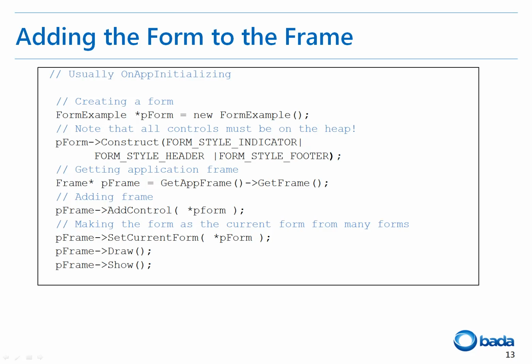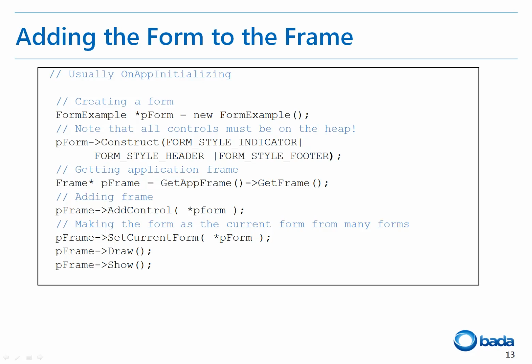The difference is that we have specified the construct parameters of the form as the OR'd values FORM_STYLE_INDICATOR, FORM_STYLE_HEADER, and FORM_STYLE_FOOTER. This constructs a form with an indicator area, header and footer.